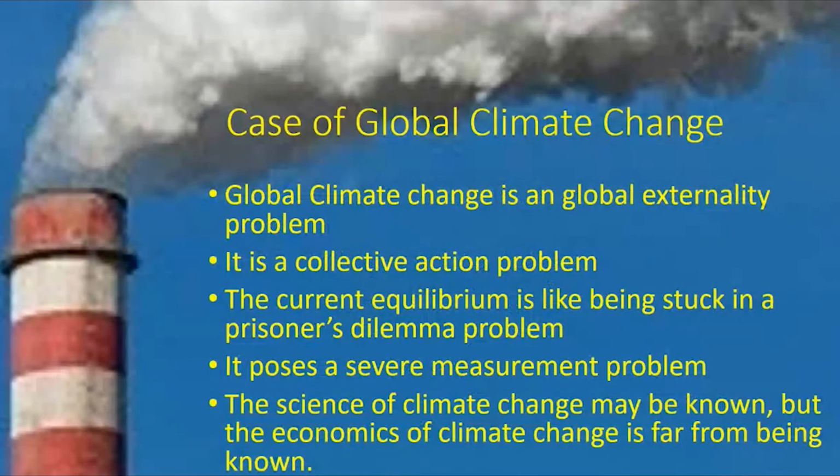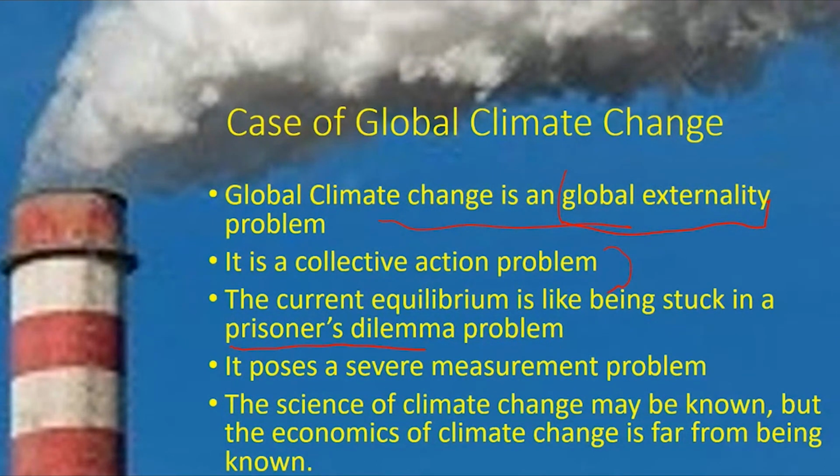Last thing I want to highlight is, first of all, global climate change is a global externality problem, a negative externality. And so it's got this economic characteristic that we've studied in this class. It's got another characteristic in that it's a collective action problem. I just talked about that a few seconds ago.